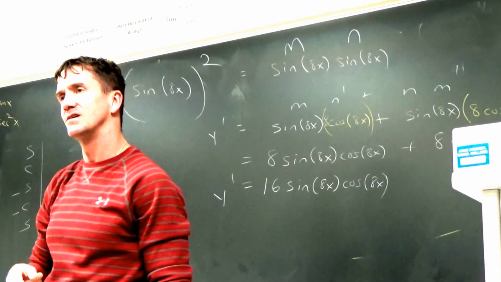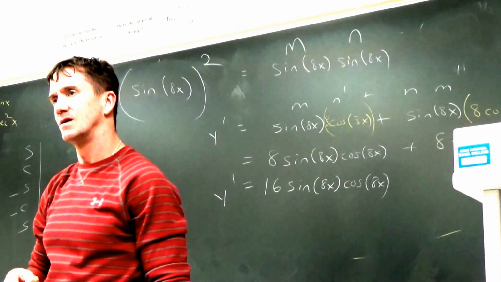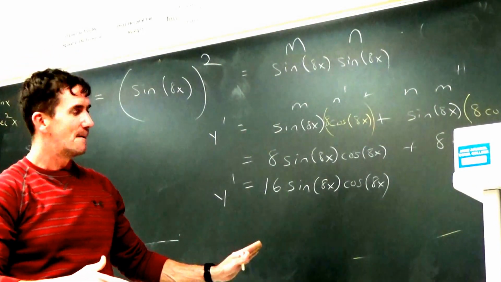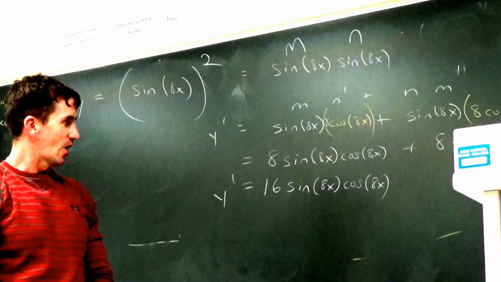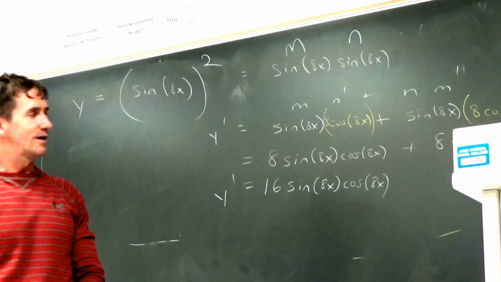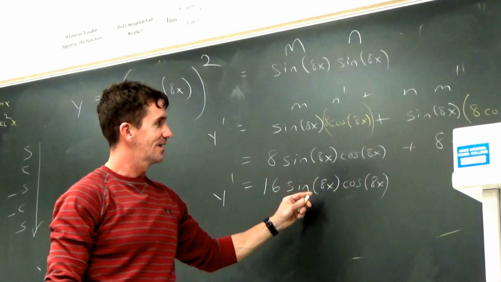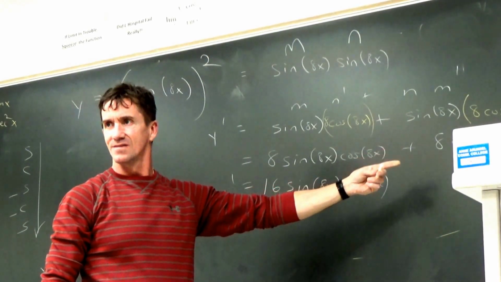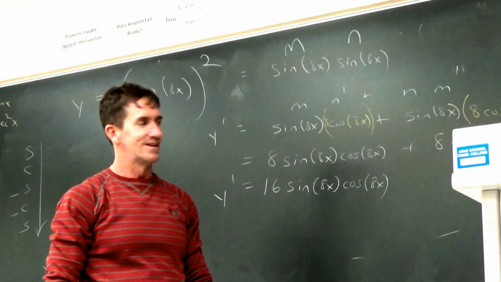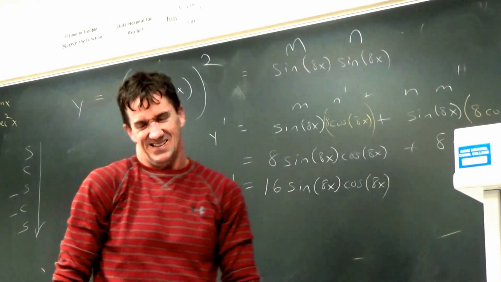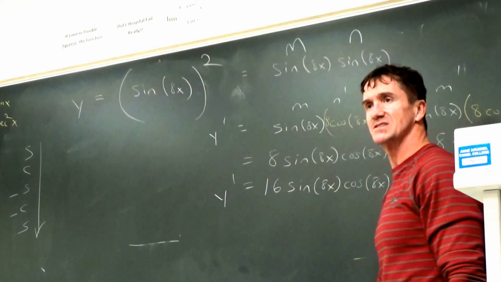Sarah, good. I have one more question. So when you did that method and combined 8 plus 8 is 16, I got that one right. But when you combine sine 8x cosine 8x with sine 8x cosine 8x, would that end up with a square? I love it. It's a great question, and it wouldn't.